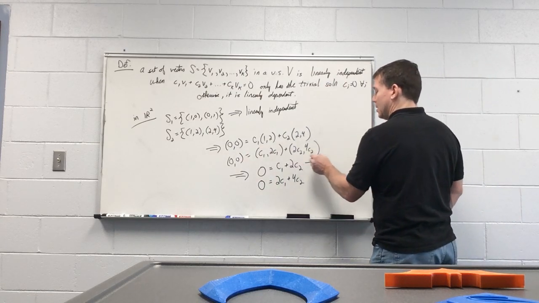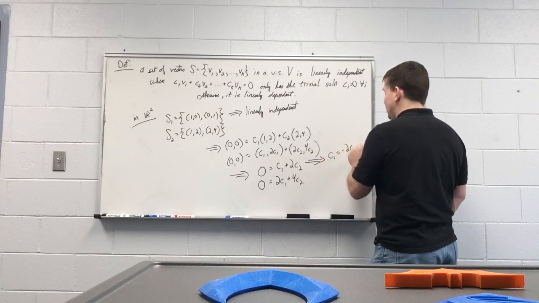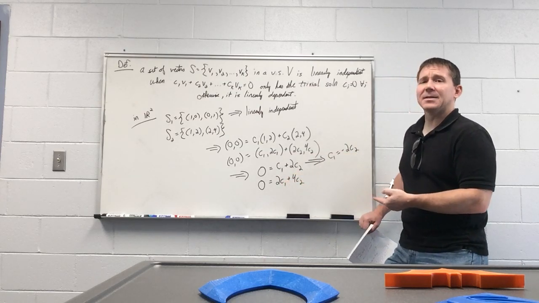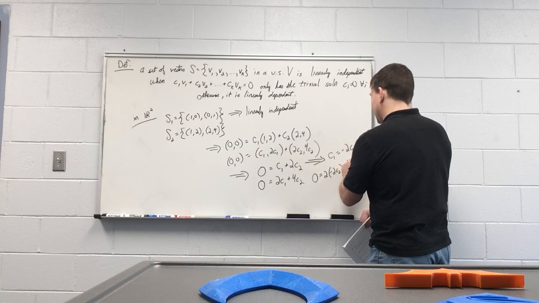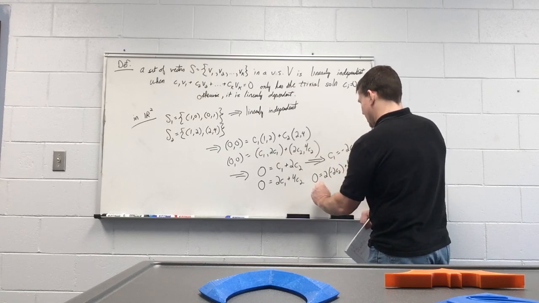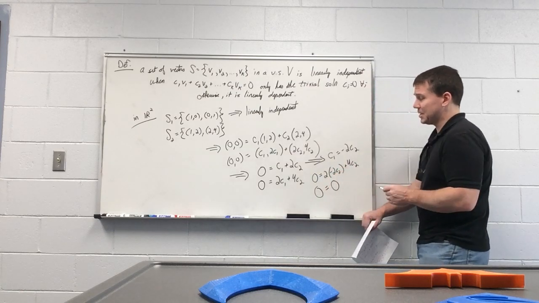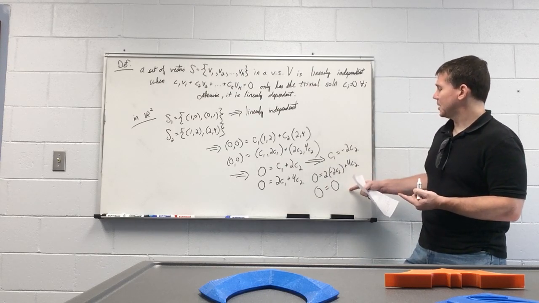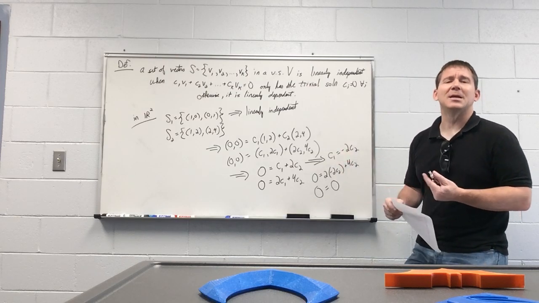But now, if I just look at the first equation, c sub 1 is negative 2c sub 2. And then I can plug in down here, and I can find a solution. 0 equals 2 times negative 2c sub 2 plus 4c sub 2. 0 equals negative 4c sub 2 plus 4c sub 2, which is equal to 0, which tells me any c sub 2 I plug in will work, and if any c sub 2 I plug in works, then by extension any c sub 1 I plug in will work.